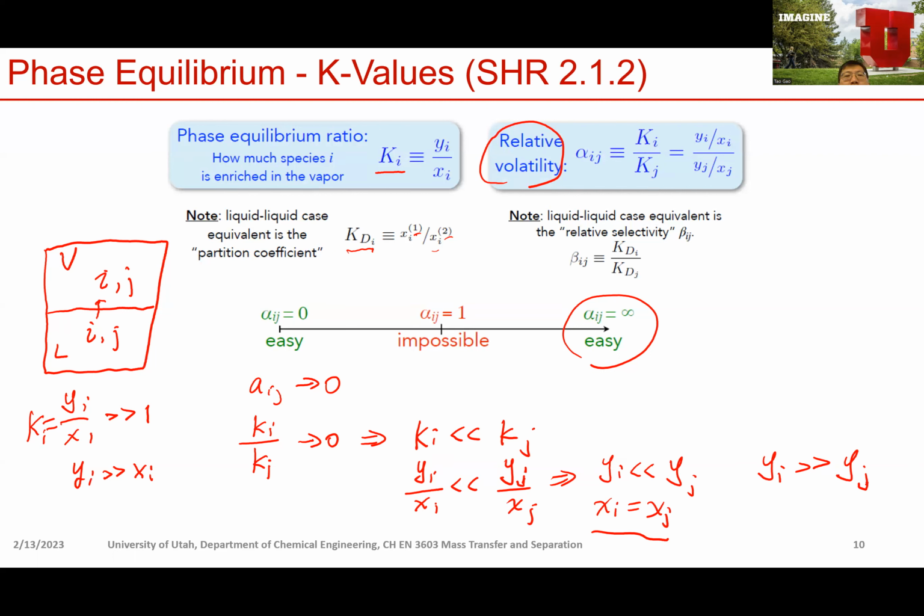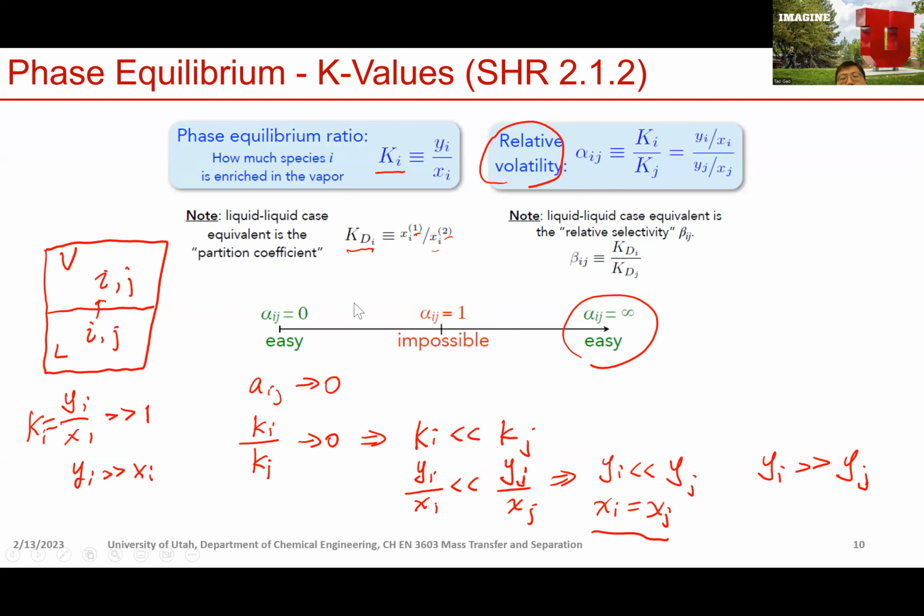And when it comes to separation, if we are trying to separate two species by creating a new phase, in this case creating a vapor phase from a liquid mixture by evaporation, or condensing a liquid phase from a vapor mixture, whether or not we can really separate these two species depends on the relative volatility.